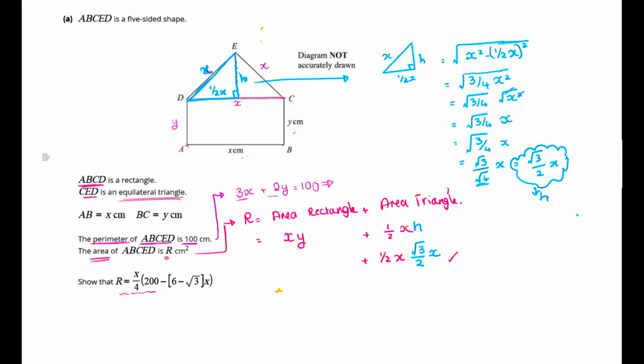So y equals 100 minus 3x over 2. So now we're going to replace this y with this y. So let's rewrite that, equals x times 100 minus 3x over 2. Okay, plus the rest of the equation. A half times root 3 over 2 would give me root 3 over 4. So root 3 over 4 x squared.